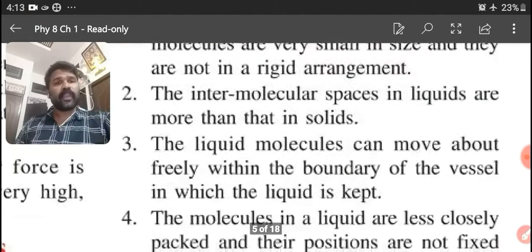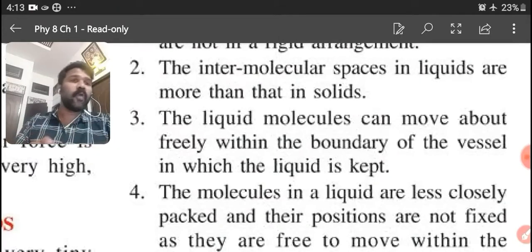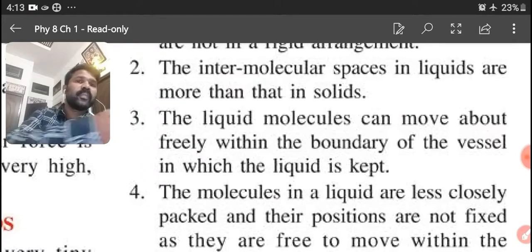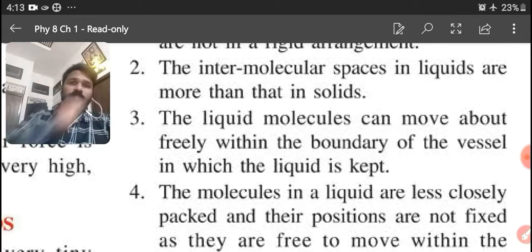Third point, the liquid molecules can move very freely within the boundary of the vessel in which the liquid is kept.